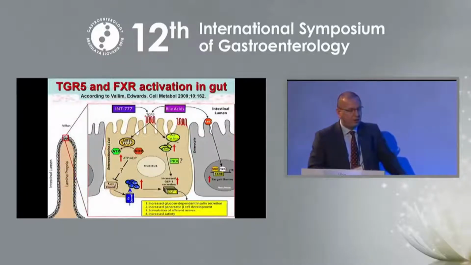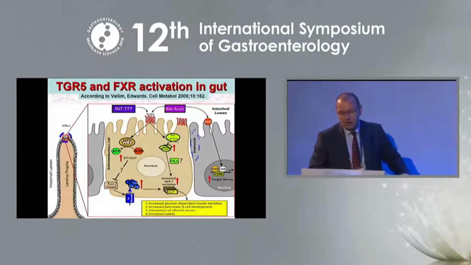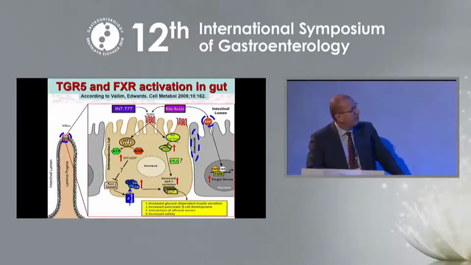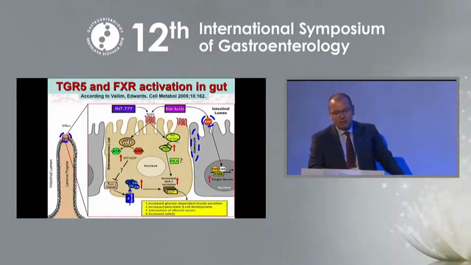So this is a picture showing how bile acids can act within the intestinal lumen. As you may see, this is an intestinal villus, and here you can see two cells. This is an enterocyte. This cell is equipped with the ASBT receptor, or ileal bile acid transporter, responsible for transport of conjugated bile acids from the gut lumen into the interior of the cell.